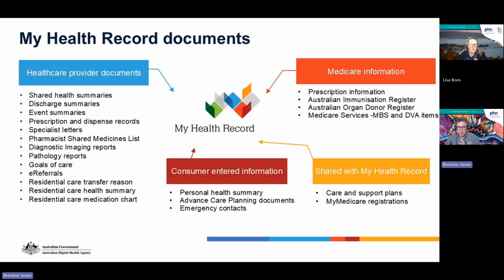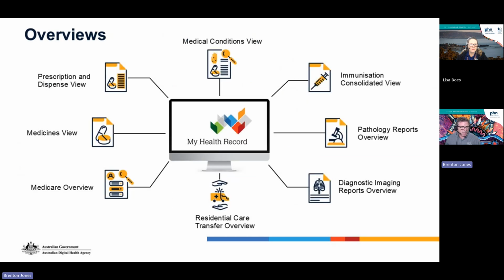And then there's the consumer-entered data, such as personal health summaries and advance care planning documents. And lastly, we have the documents that are shared with My Health Record, like care and support plans, as well as My Medicare information. And then, of course, your overviews.